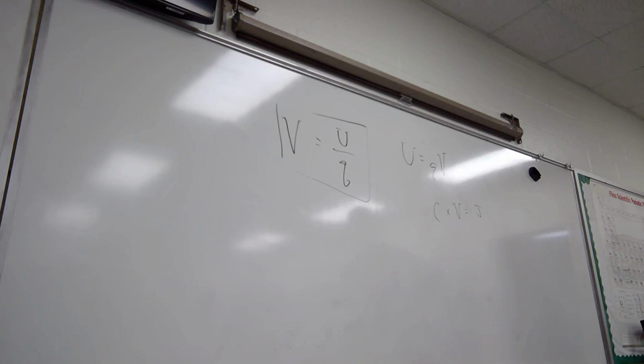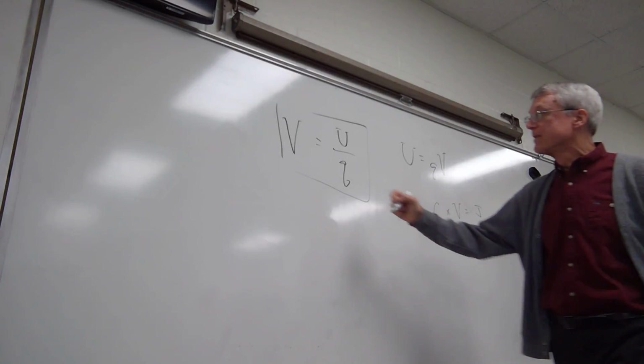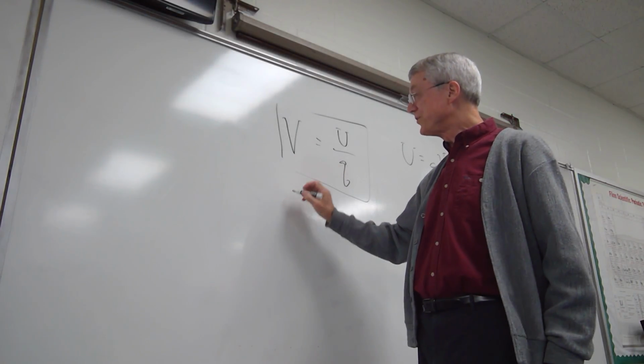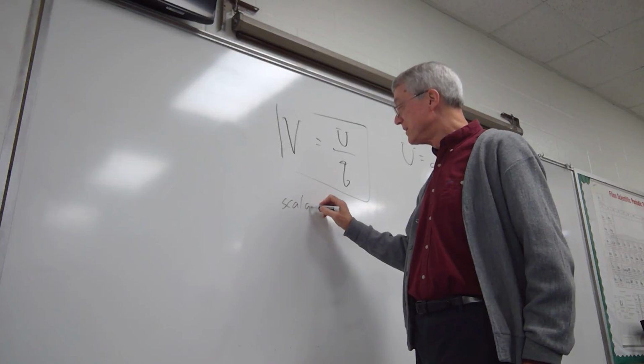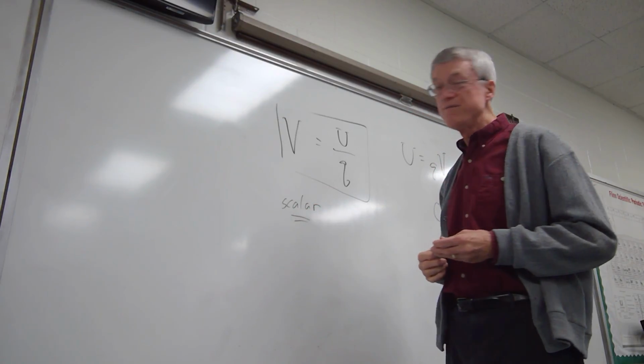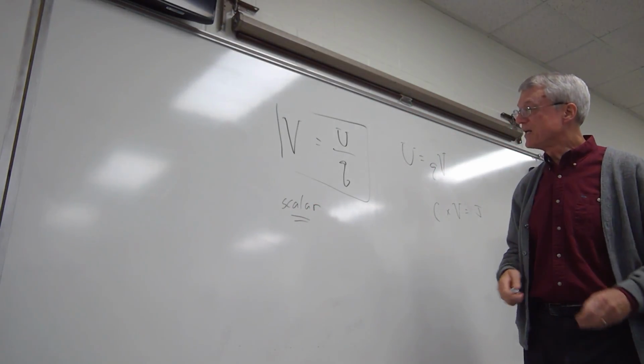All right. Now, let's see what's next. Higher potential is on the left. We did that. Potential difference. We talked about that term. U equals QV. I should point out that V, potential, is scalar. That's a pretty important point. It's not vector. And you would have guessed that anyway.